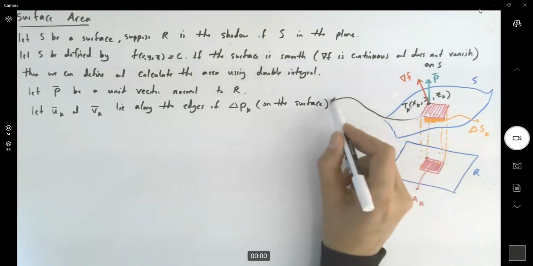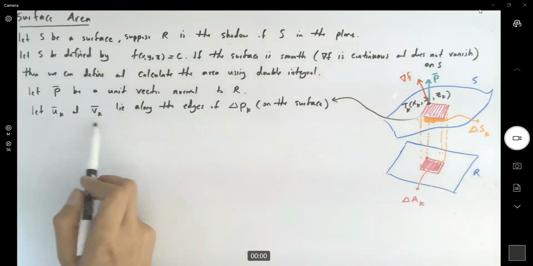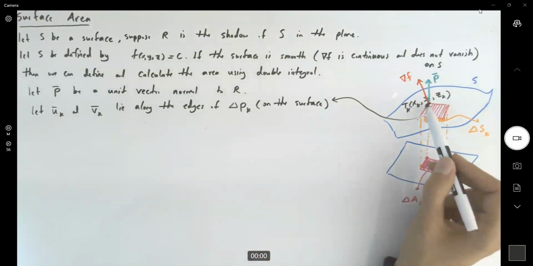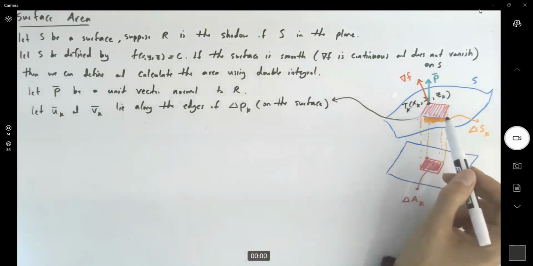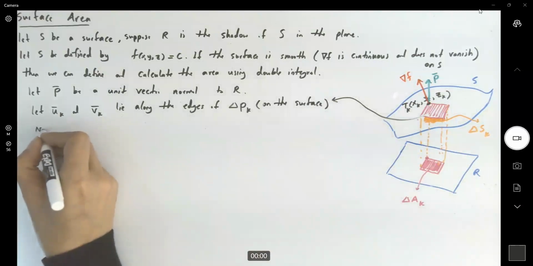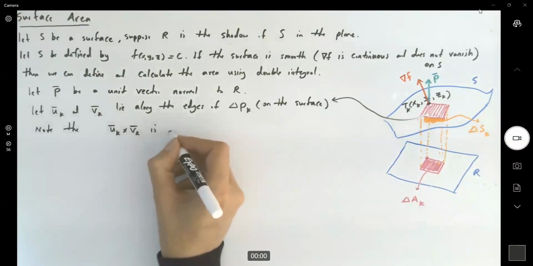So this is your delta PK. By finding the cross product between these two, you're going to have a vector that is normal to this small plane, delta PK. Note that the cross product between UK and VK is going to be parallel to the gradient of f.